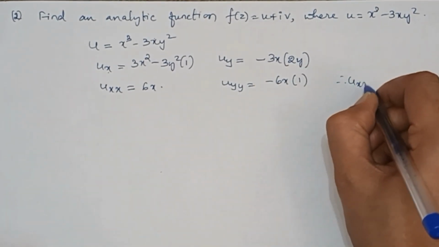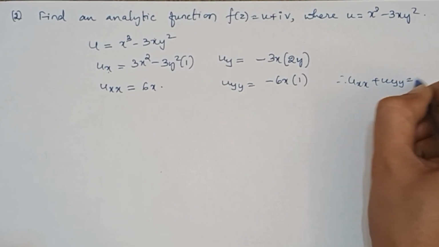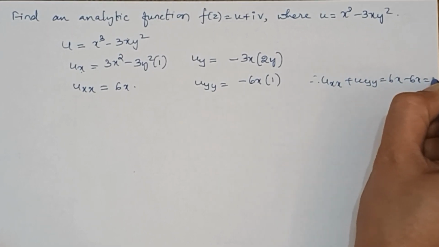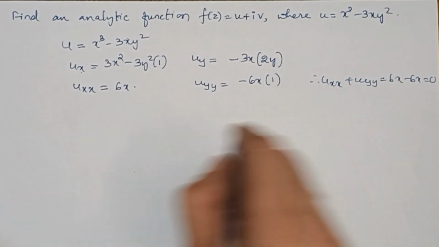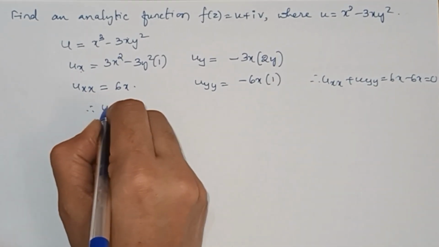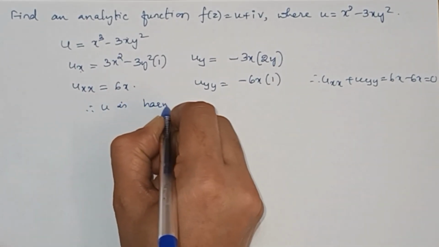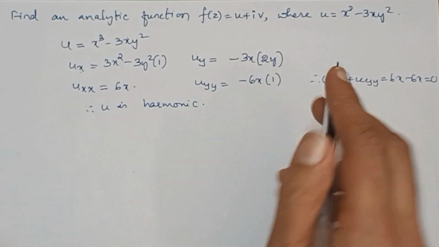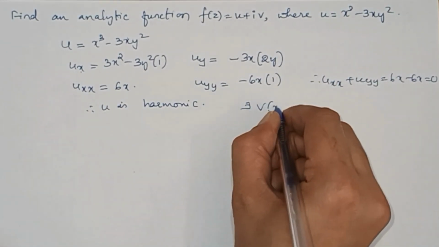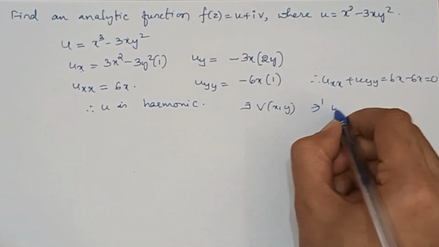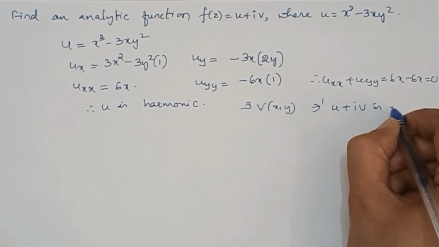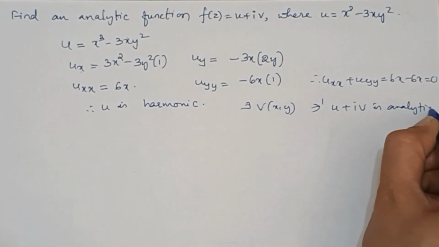Therefore, uxx plus uyy equal to 6x minus 6x, which is 0. It satisfies Laplace equation. Therefore, u is harmonic. If u is harmonic, there exists v of x comma y such that u plus iv is analytic.